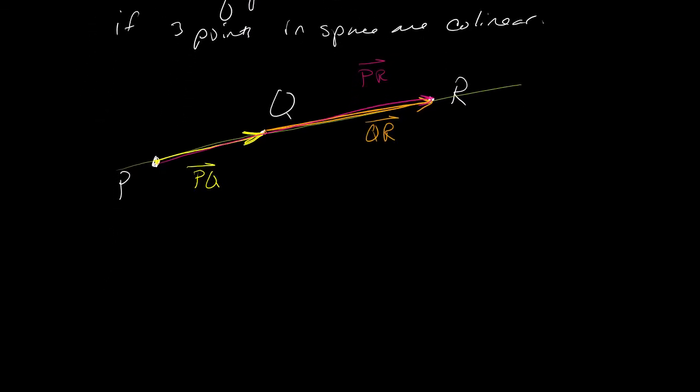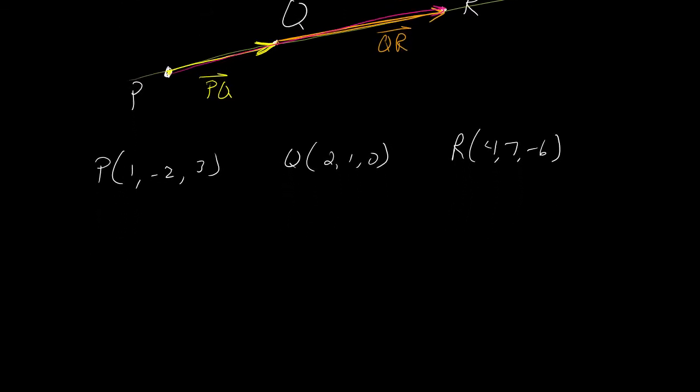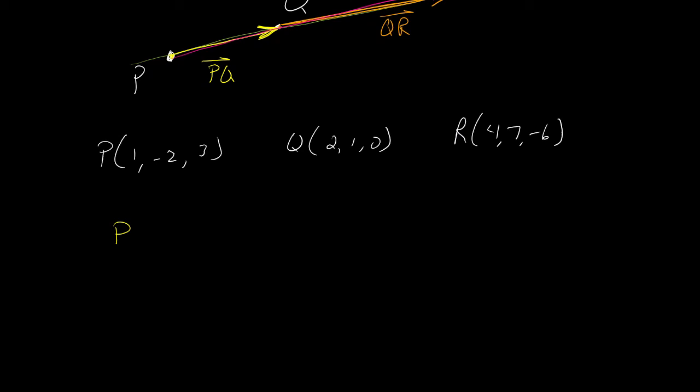So let's get some P, Q, and R points going on here. Let's assign point P to be 1, -2, 3. Let's assign Q to point 2, 1, 0. And let's assign R to point 4, 7, -6. Okay, so let's find in component form what PQ and QR are. PQ is going to be 2 minus 1 for the first component, 1 minus -2 for the second component, 0 minus 3 for the third component.